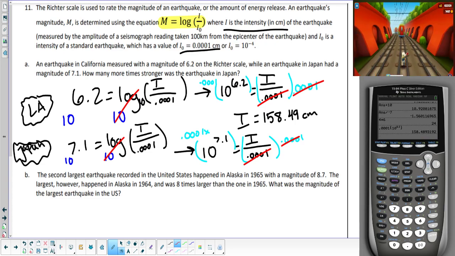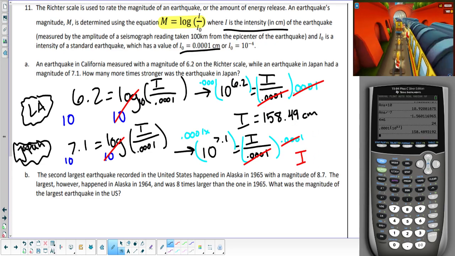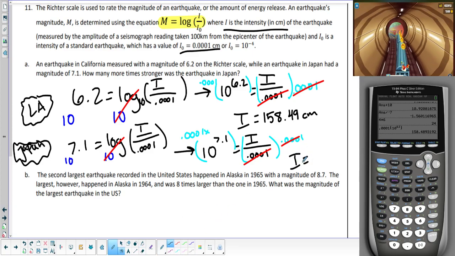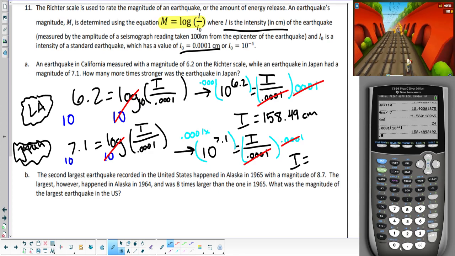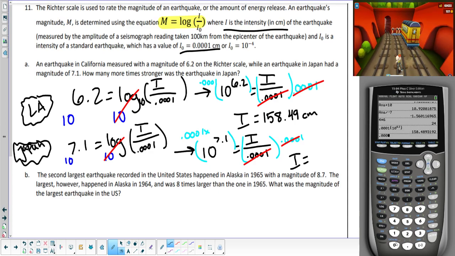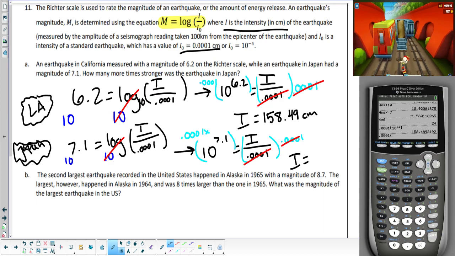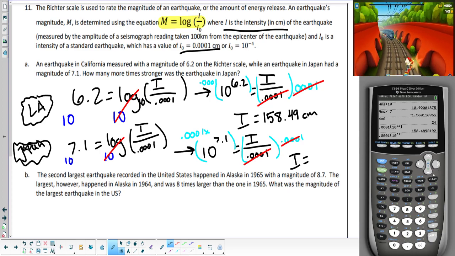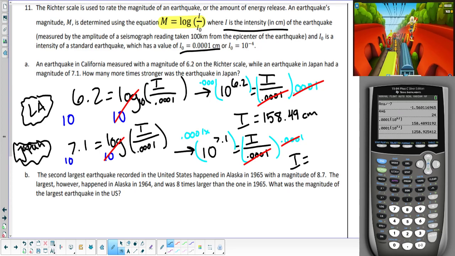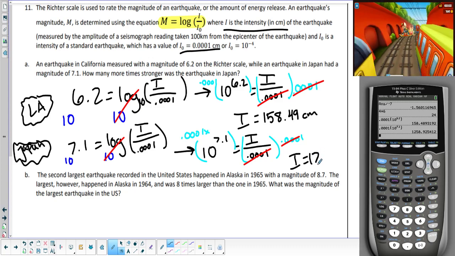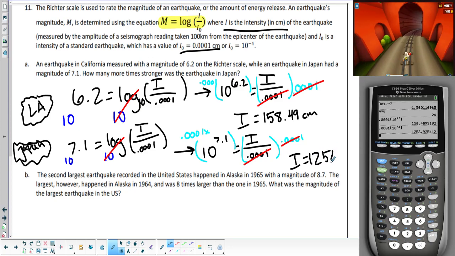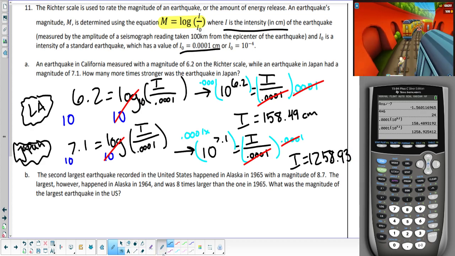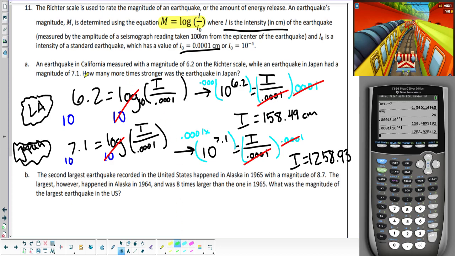And then that tells me that I is equal to 0.0001 times 10 to the power of 7.1, which is 1258.93.